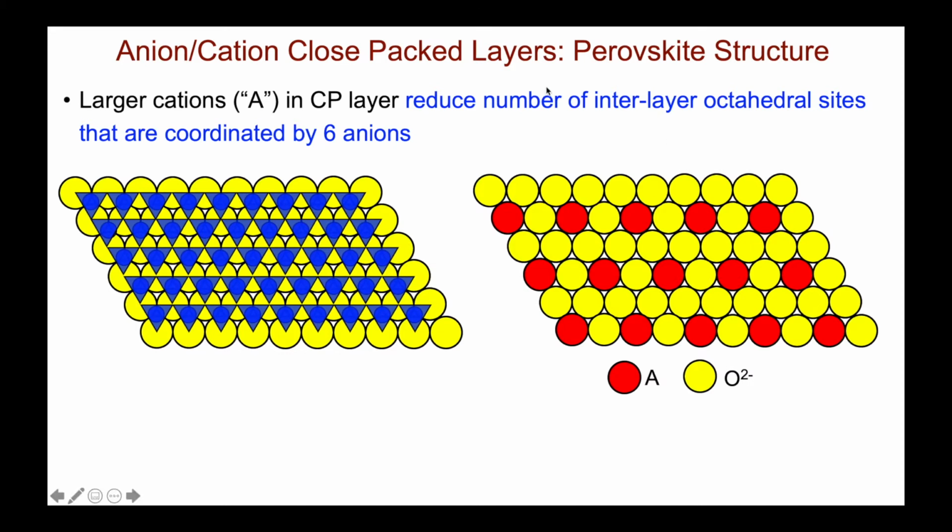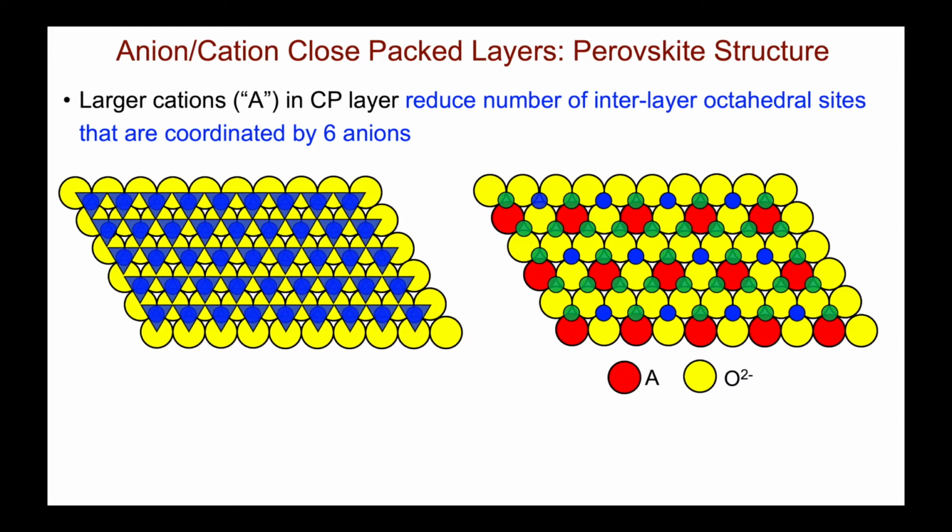And by that I mean, for example, here, the base of this interstice, here's our 3 large spheres, but one of them now is a cation. And so if a smaller cation was to occupy this interstice, it would no longer be coordinated by 6 anions. It would have at least 1 large cation as its neighbor, and that is not favorable.